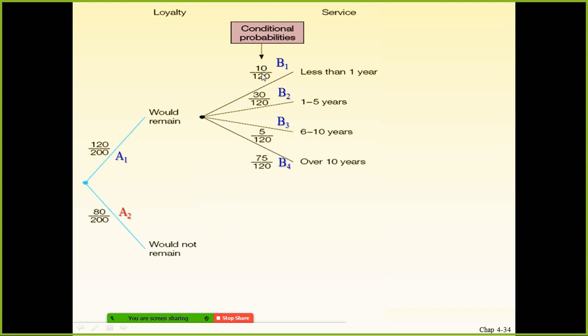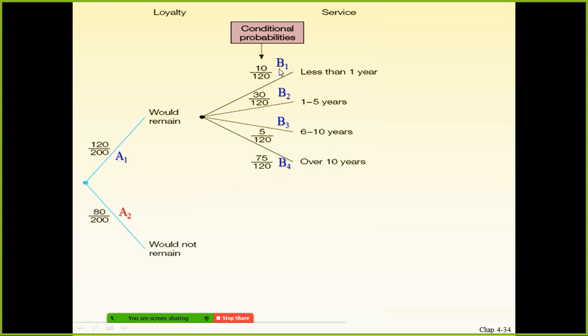So 10 work less than 1 year among the ones who answered remain. 30 work 1 to 5 years among executives who say remain. 6 to 10 years among A1 would remain, 75 among the ones who answer would remain. That's why this is called conditional.